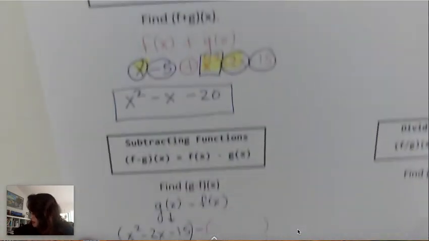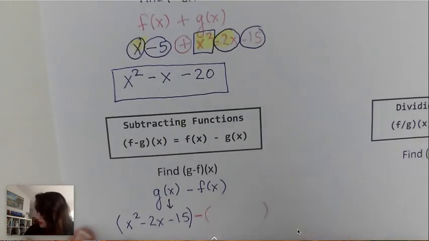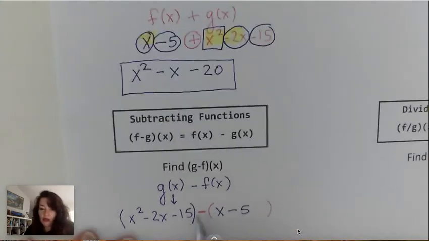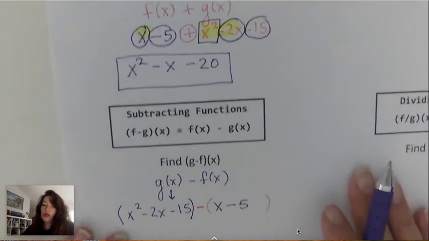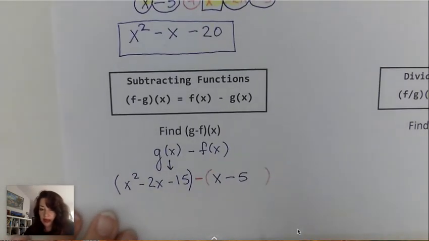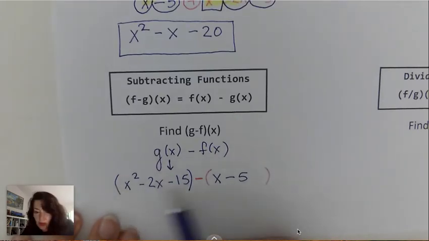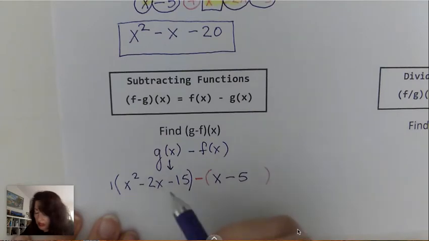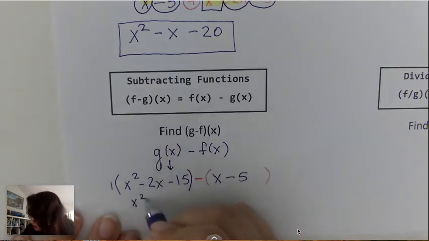So because it is more than one term, it is a binomial, I want to make sure that I distribute this negative. So we're going to first simplify and then combine like terms. So removing this parenthesis, this is the same as having a 1 in the front, so it stays the same. This is still x squared minus 2x minus 15.